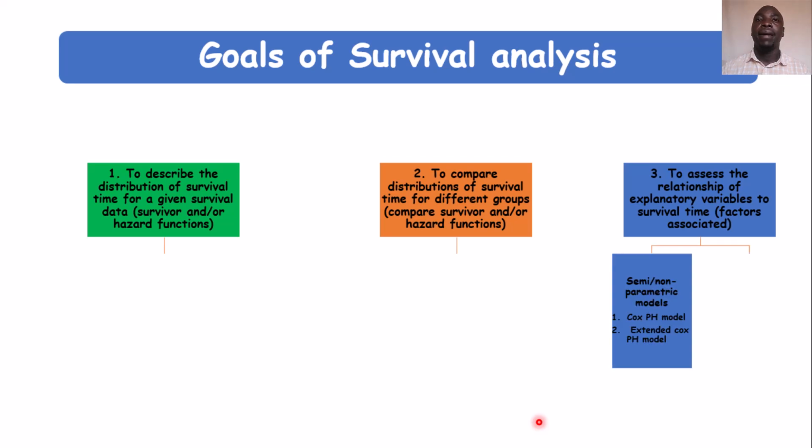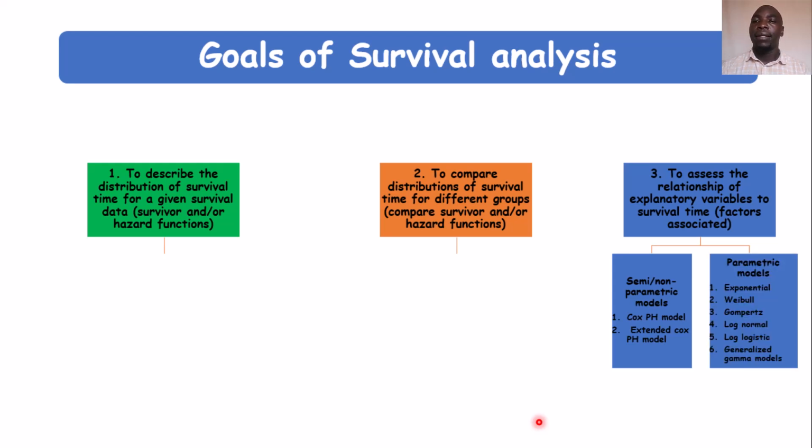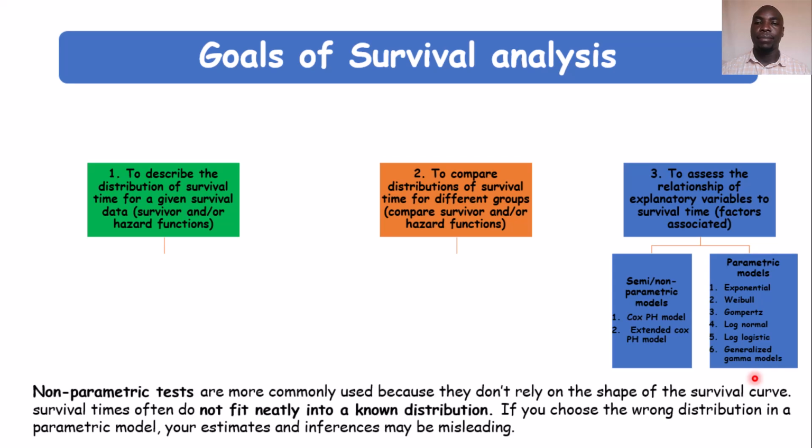One, the semi-parametric models, which other books refer to as non-parametric models, and this includes the Cox PH model, and its extended version, the extended Cox PH model, to handle time dependence. The other types of models are the parametric models, which include the exponential, the Weibull, the Gompertz, the log normal, log logistic, and the generalized gamma models.